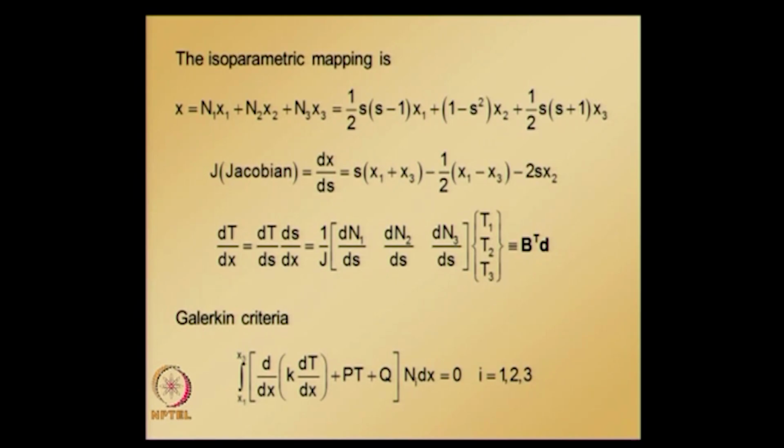Before expanding this, we can notice that the first term inside the integral involves a second order derivative. So we can apply integration by parts, integrating the first term by parts to reduce the order of differentiation.